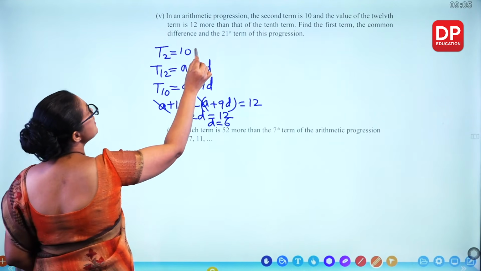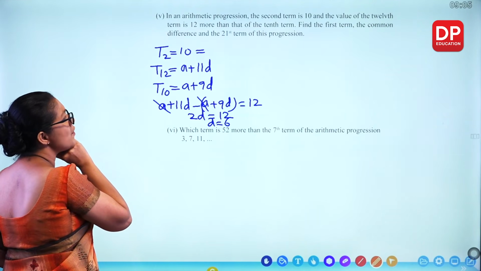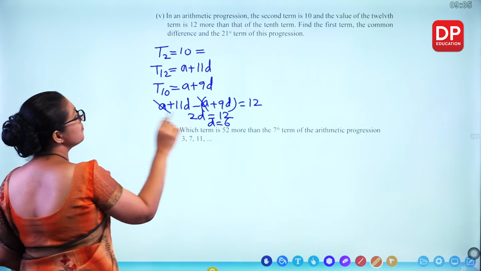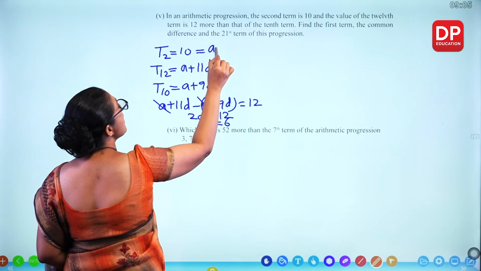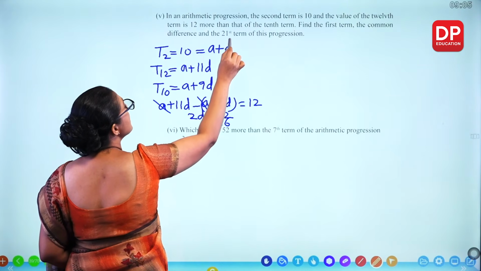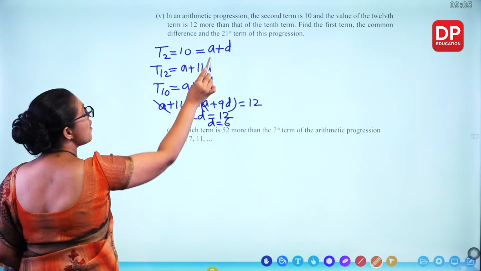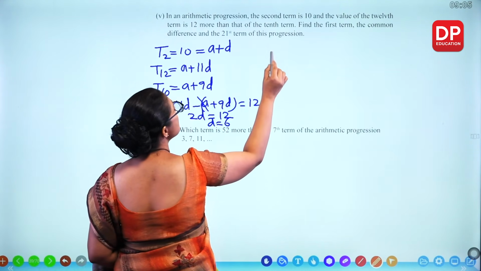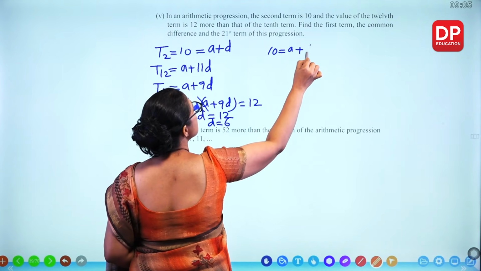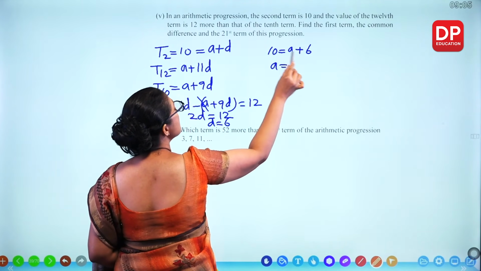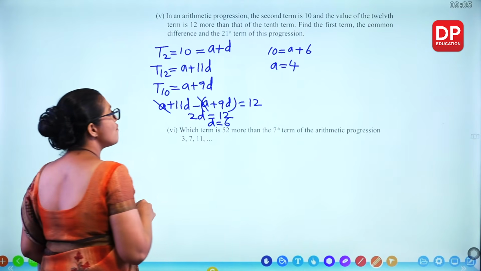Using the second term, you can find the first term. T2 is A plus D. D we found is 6, so we substitute 6 here. 10 equals A plus 6. So what is the first term? 10 minus 6 is 4.